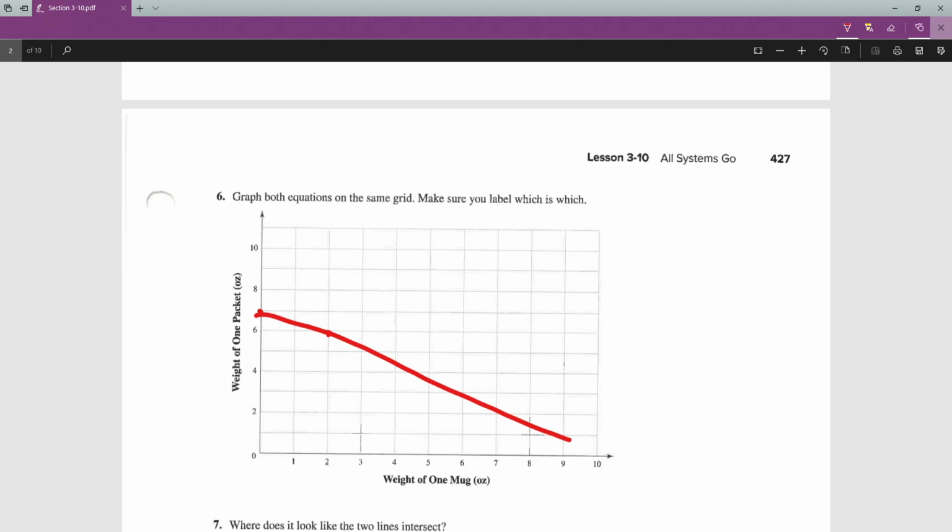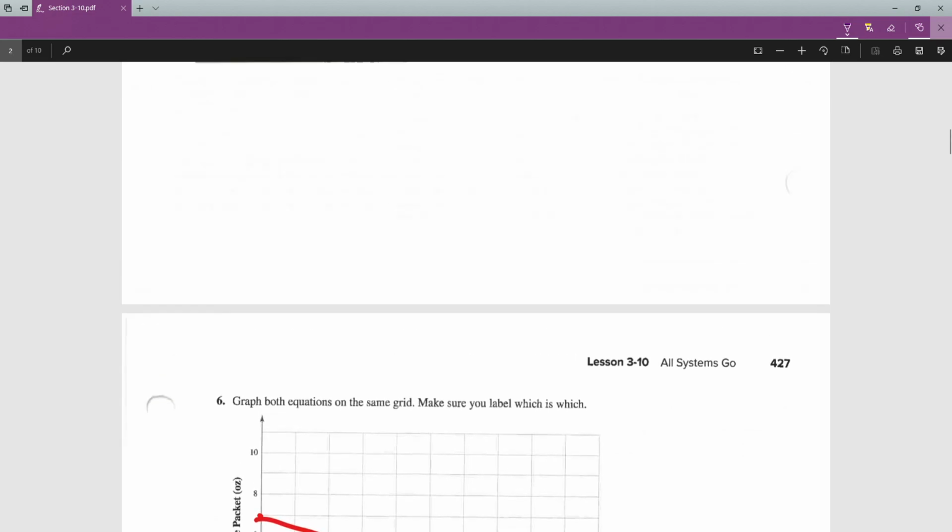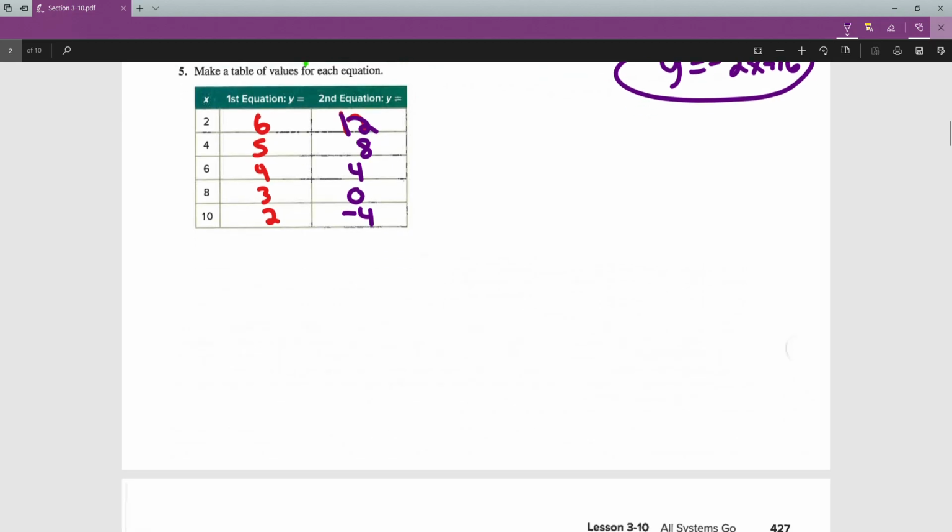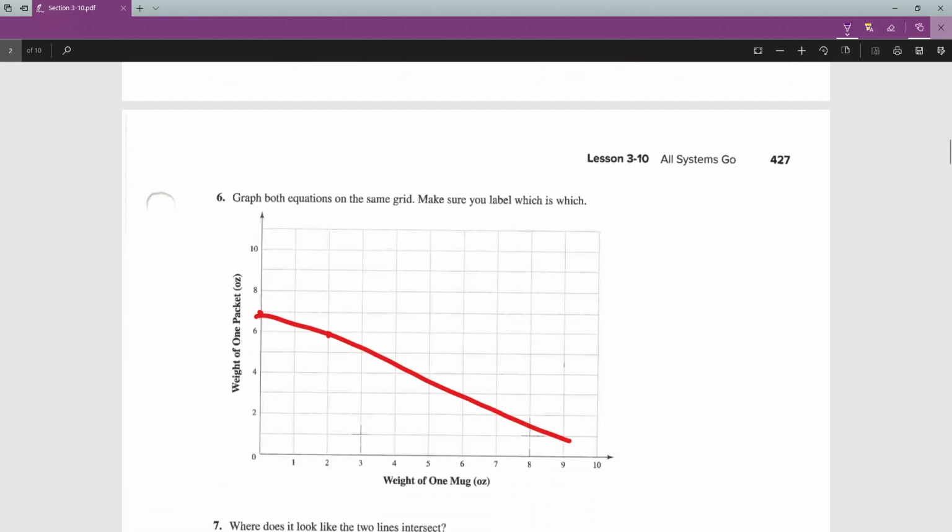The purple one, if I use my slope and my y-intercept, is way up there, so I can't get there. I'm actually going to back up and use my chart. What are some of my points for my chart? I have 8, 0, which is a nice one to graph. Not 3, 0.